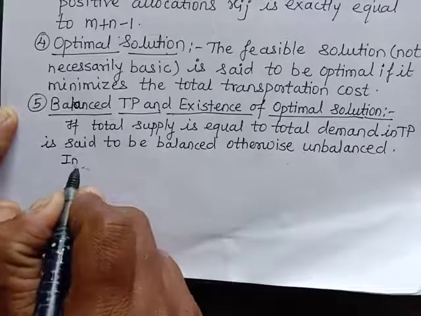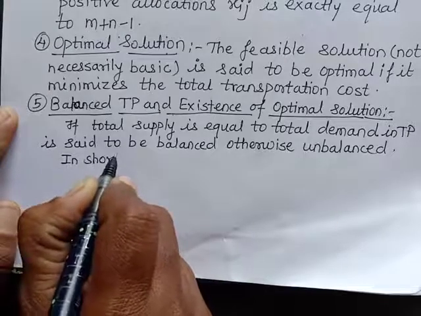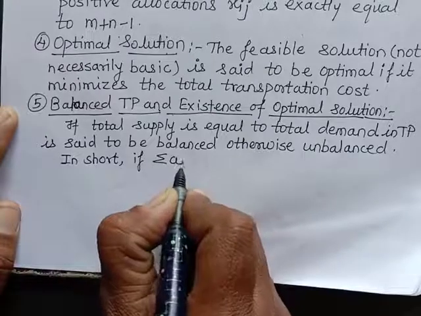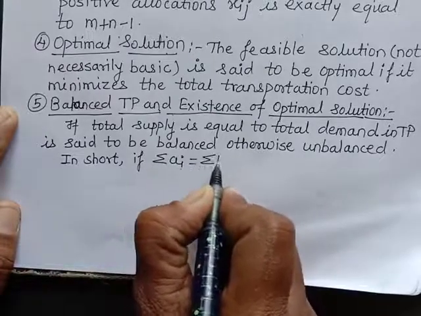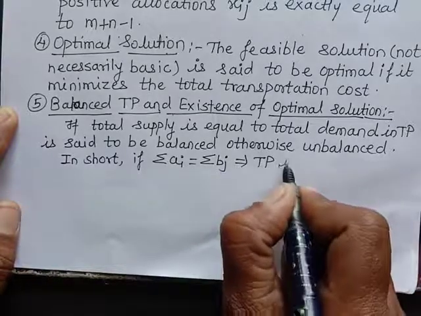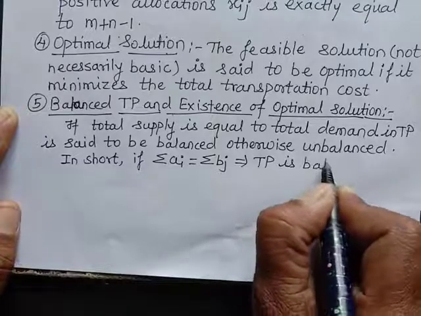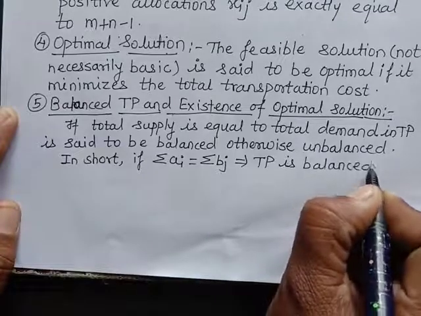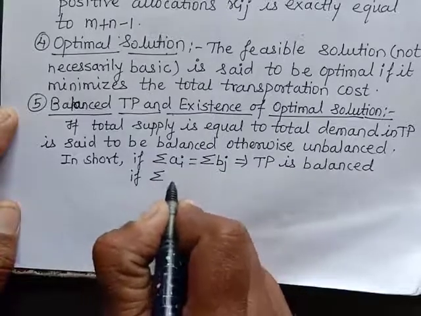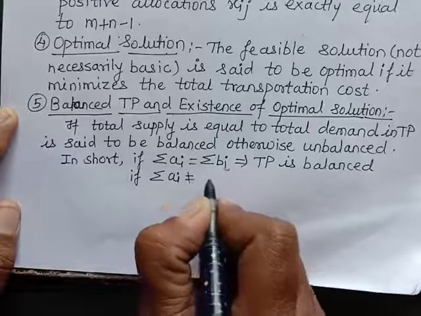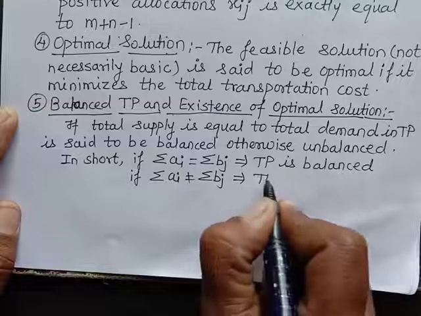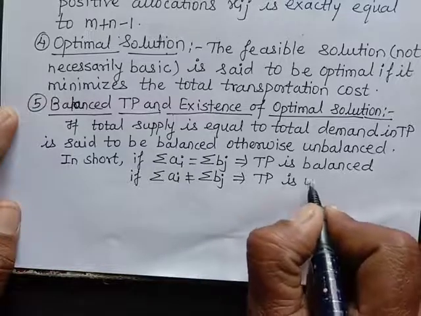In short, if summation ai equal to summation bj implies TP is balanced. And if summation ai is not equal to summation bj implies TP is unbalanced.